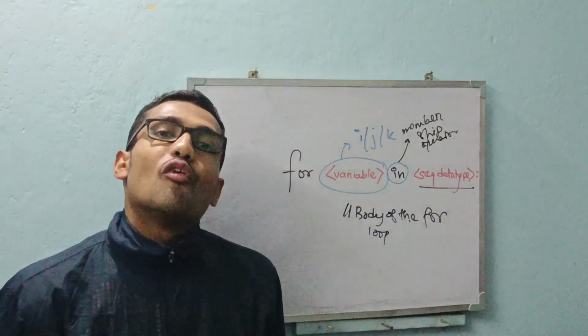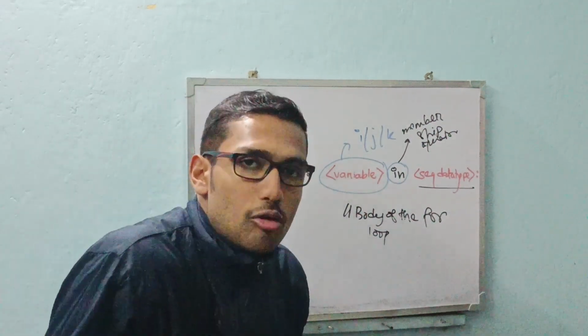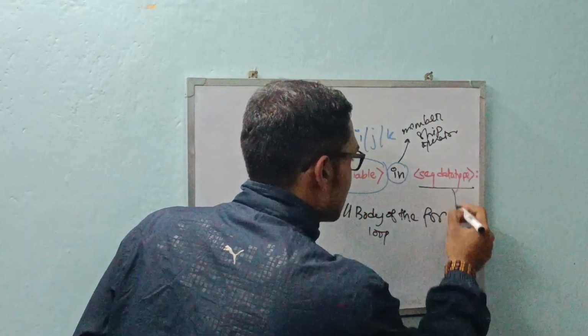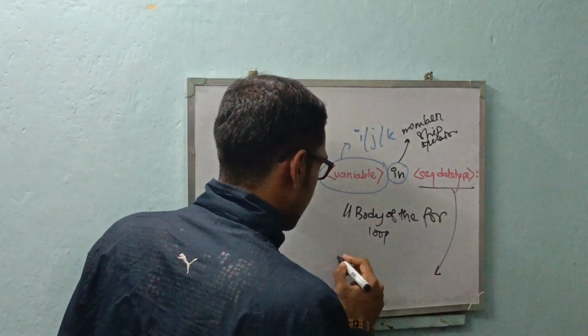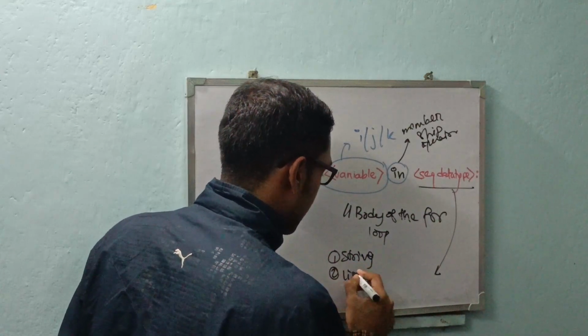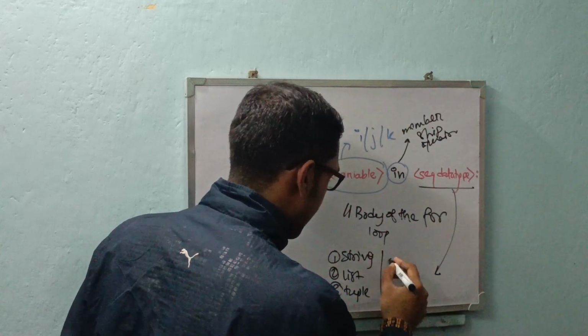Now the point is, what is a sequence data type? Where indexing lies, or where we can use a loop, those are sequence data types. And what are those sequence data types? String, list, tuple, dictionary.